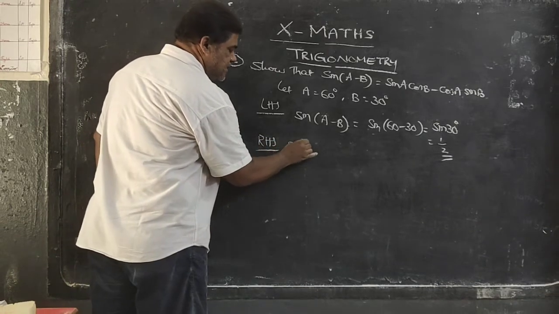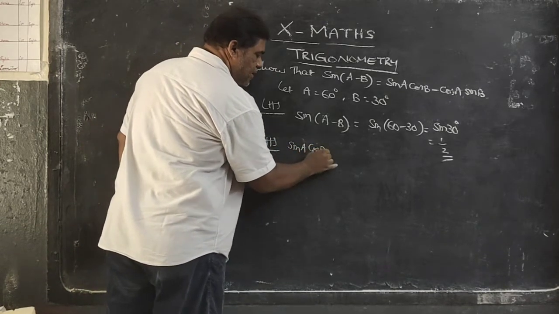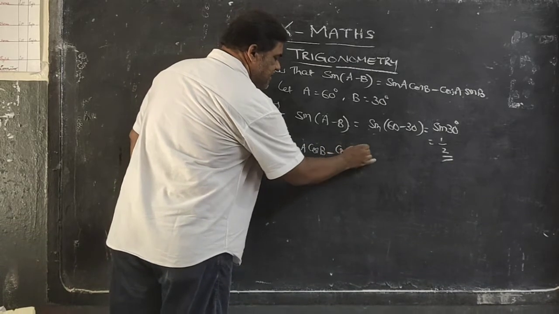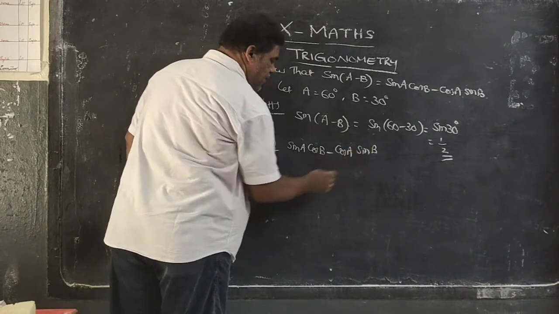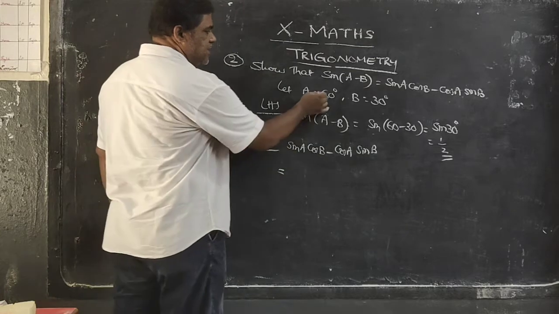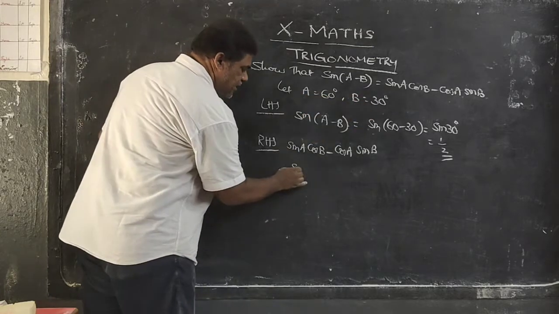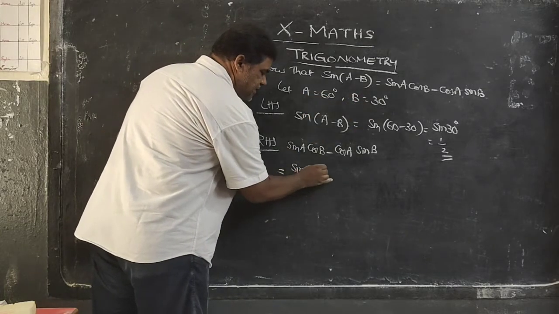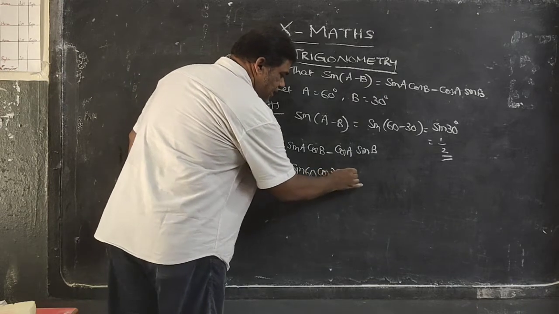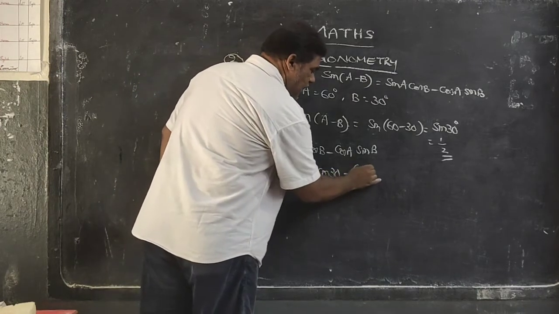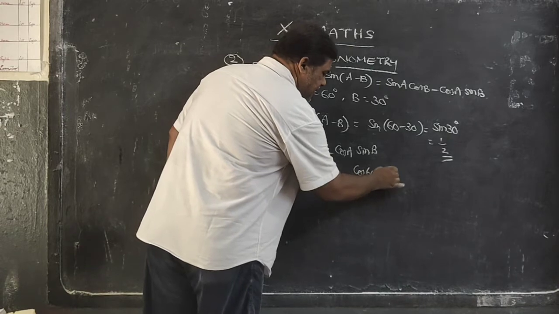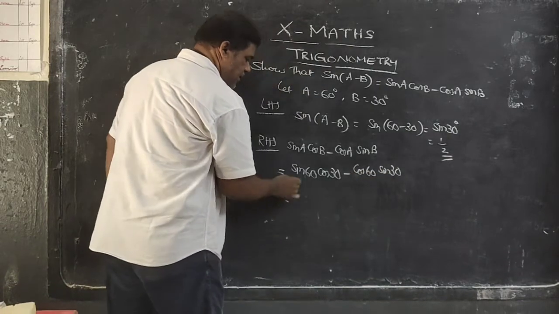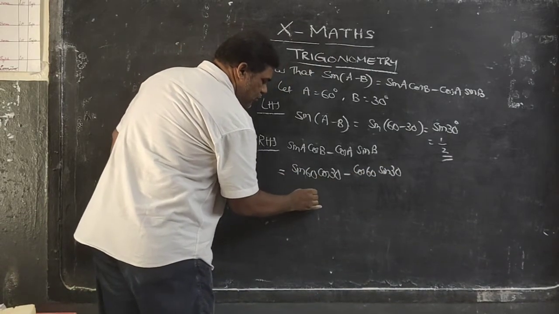RHS is sin A cos B minus cos A sin B. Let us substitute the A value 60 degrees, the B value 30 degrees. So it is sin 60 cos 30 minus cos 60 degrees sin 30 degrees. Sin 60 degrees is root 3 by 2.